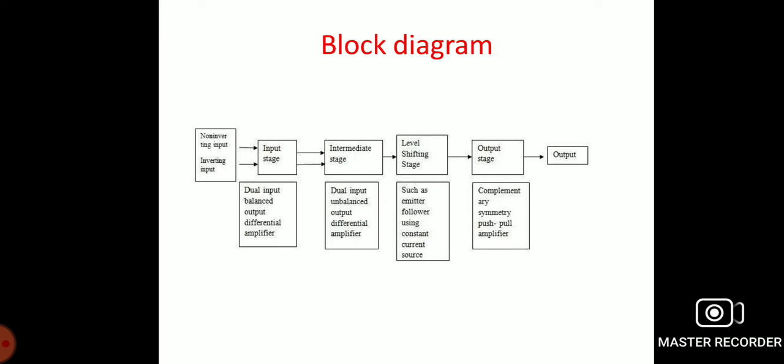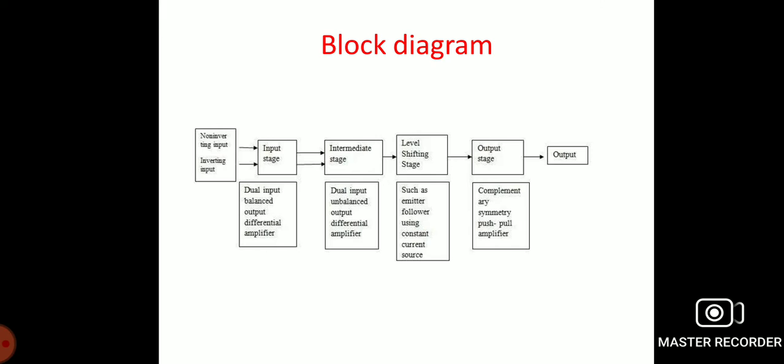Now we can move to the input stage. So what is the input stage? It provides most of the voltage gain of the amplifier and decides the input resistance. The intermediate stage is another differential amplifier which is driven by the output of the input stage due to the direct coupling between the first two stages.